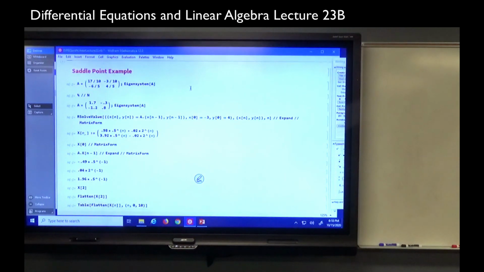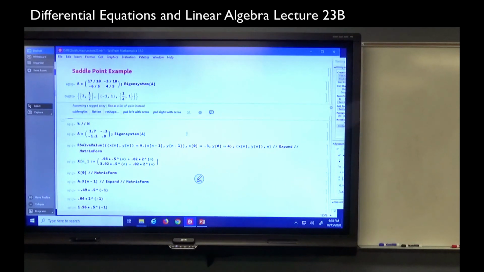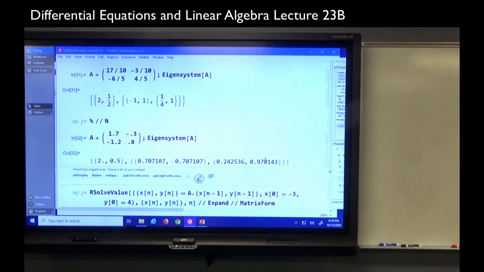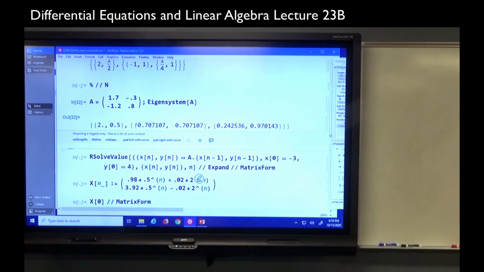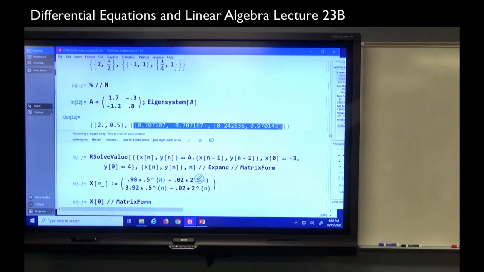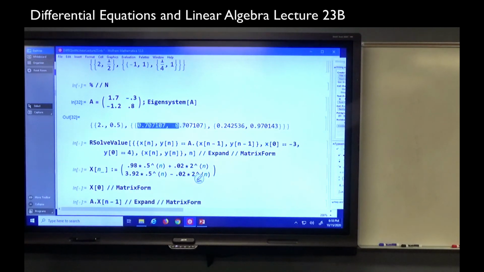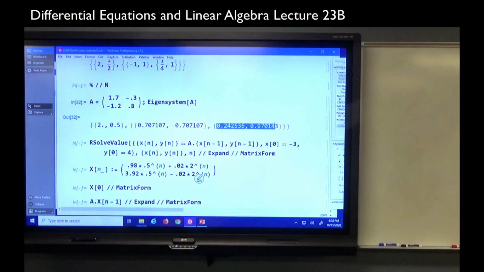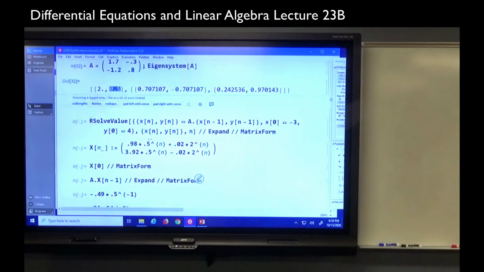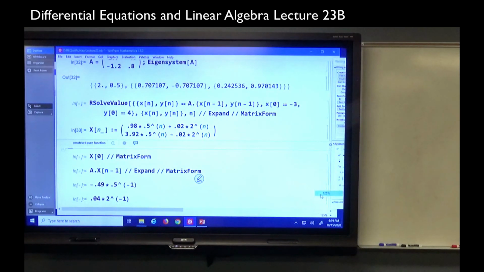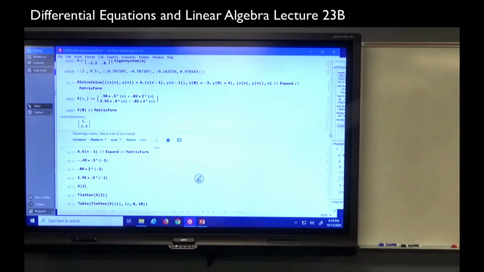Final example is the saddle point, with similar kinds of things. Again, the eigensystem, the things in the first list are the eigenvalues, and these are the corresponding eigenvectors. This vector goes with this eigenvalue, and this eigenvector goes with this eigenvalue. Once again, RSolveValue doesn't work so well, at least as far as giving us a nice looking answer. This initial condition is 1, 3.9.